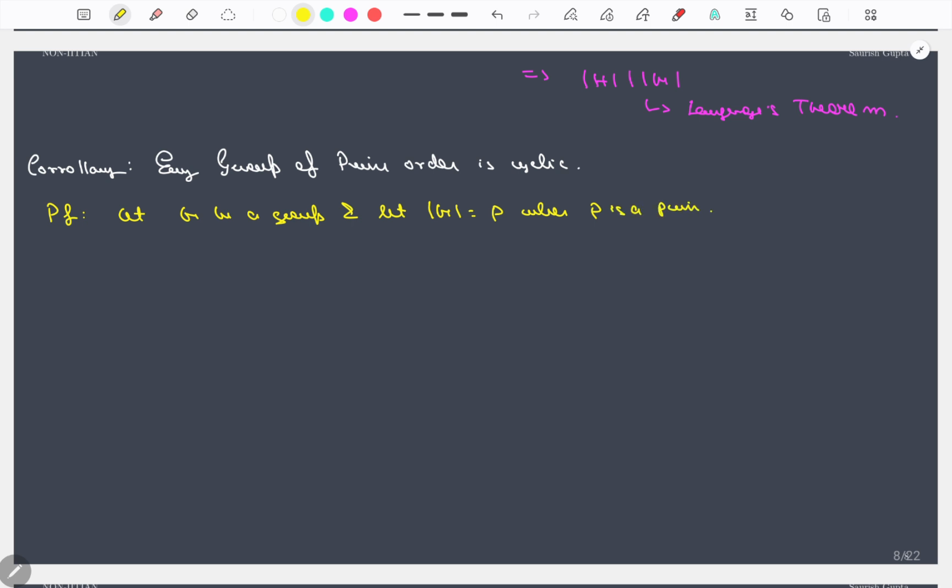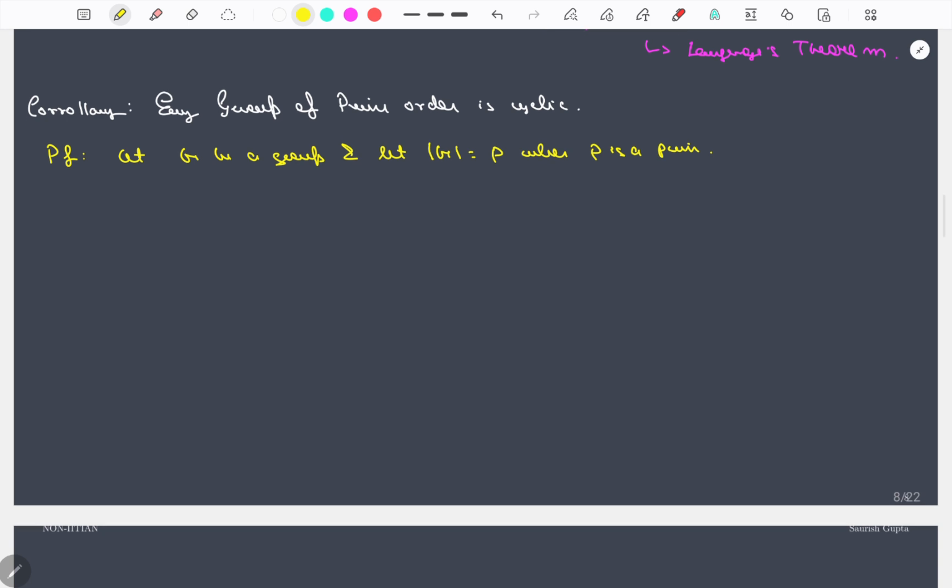Okay, so I need to show that it's cyclic. So let a be a non-identity element from G, and let H be the cyclic subgroup of G generated by a.